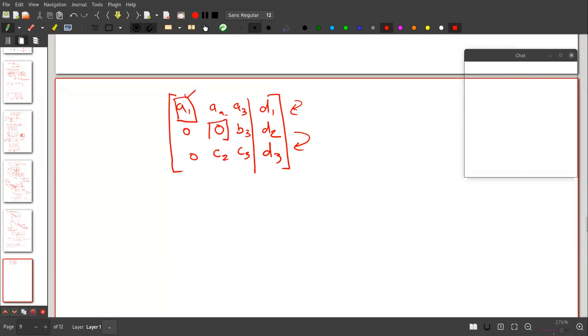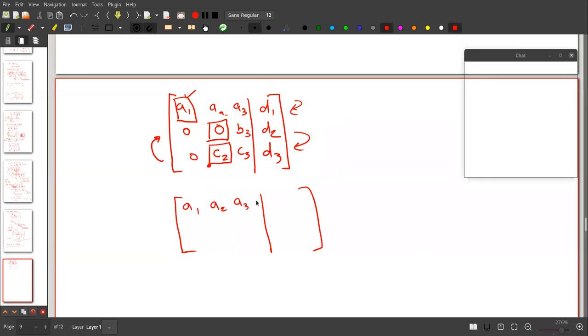This pivot form is wrong because there is 0. But if we see that this has some number, and if we interchange these two rows, the equation becomes okay. I mean, now the pivots will be okay. So this will be A1, A2, A3, D1. Now we are going to interchange these two rows.